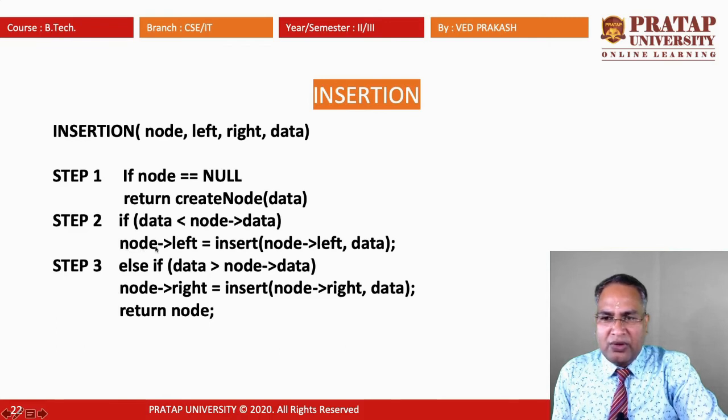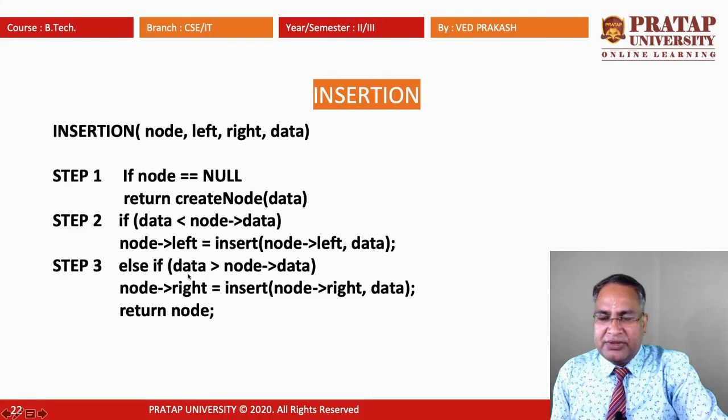So the node will go left and insert the data to the left. We have to call the insertion procedure again, and in this insertion procedure we have to shift the data to the left-hand side.